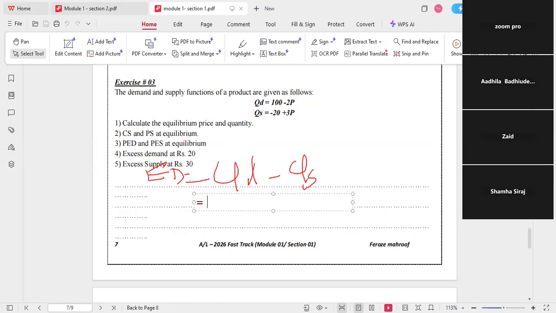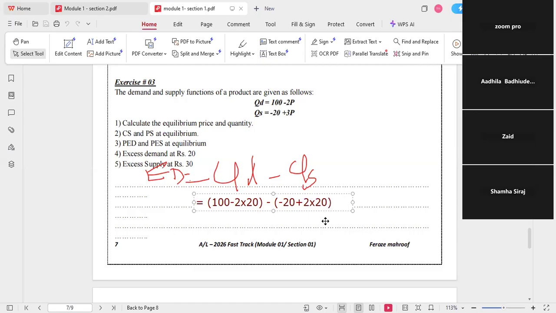QD is 100 minus 2p, right? So 100 minus 2 into 20. Then QS, minus 20 plus 3 into 20.